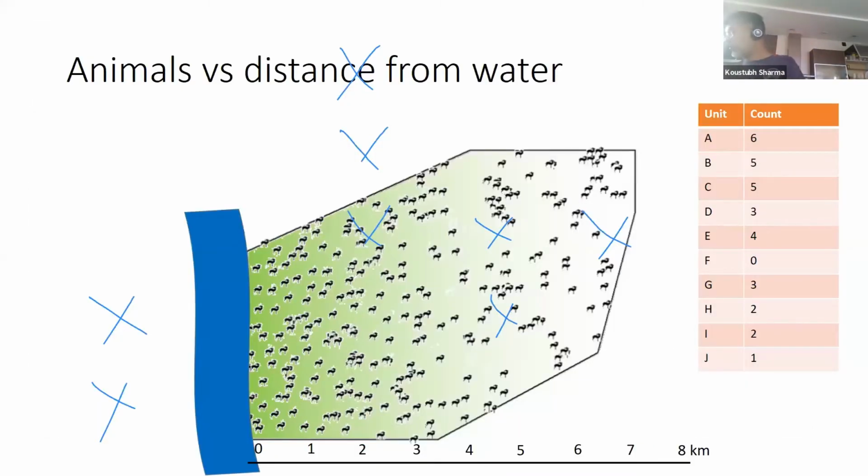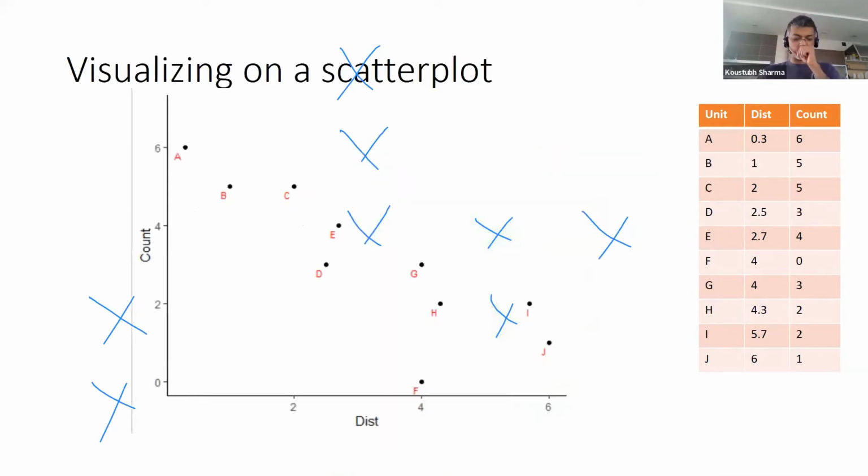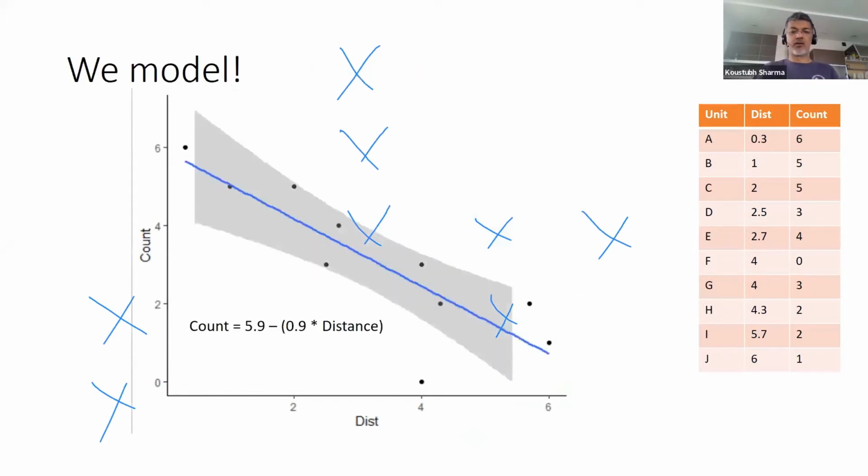Now, some of you who were part of the first training might remember that there was this little exercise we did where we created a scenario where there is a river and there are animals distributed as a function of distance from the water. Animals love water, so there were more animals closer to water, fewer animals away from water. We did a bit of counting there, and we counted that different grids had different numbers of animals, but there seemed to be some sort of pattern here.